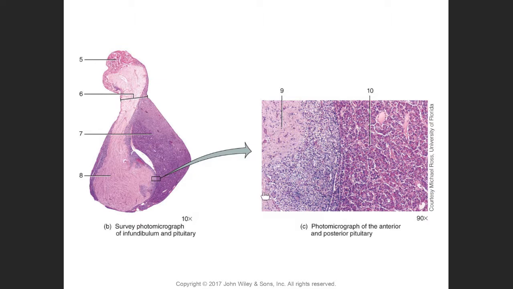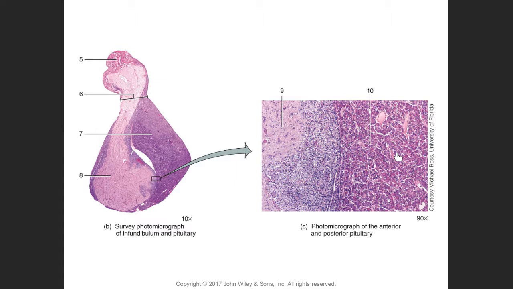And here in this picture, you can see anterior pituitary and posterior pituitary. For identification of anterior and posterior, you need to pay attention to the color. The anterior pituitary gland is colorful.